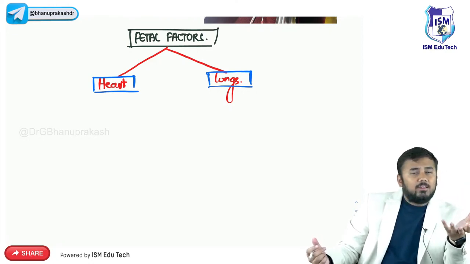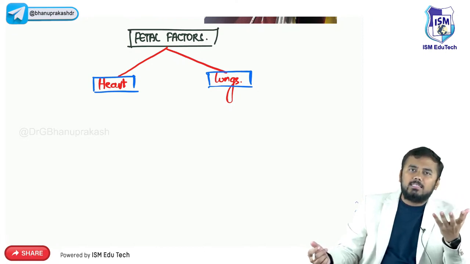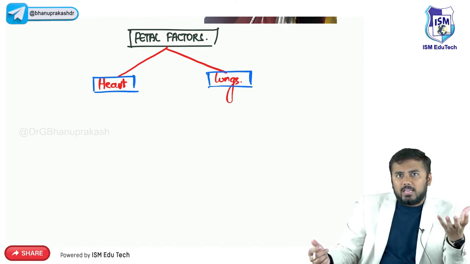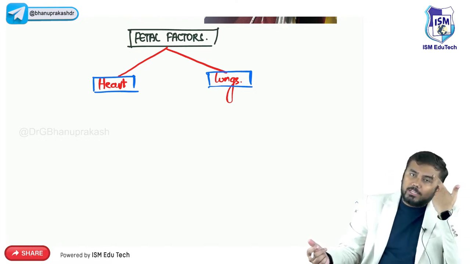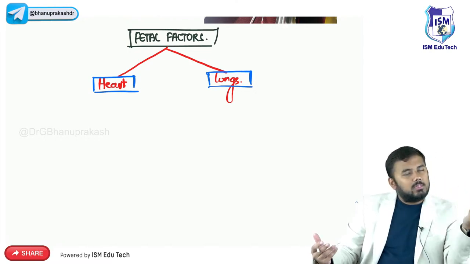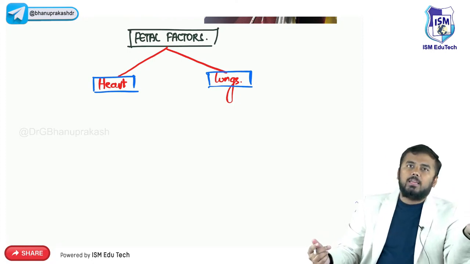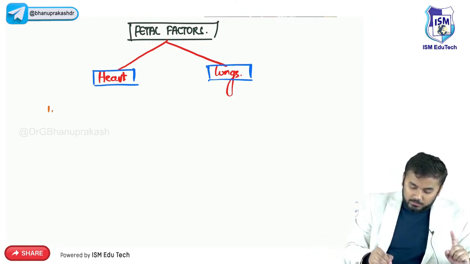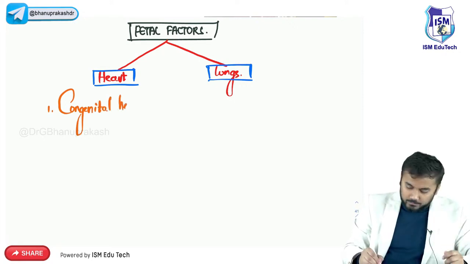When there is heart failure, are the ventricles contracting, or is there decreased myocardial contractility? Decreased myocardial contractility. When the ventricles are not pumping blood, obviously the amount of blood reaching your brain also will be low. Same thing, hypoxic ischemic encephalopathy. So regarding the heart, the very important thing is congenital heart defects.